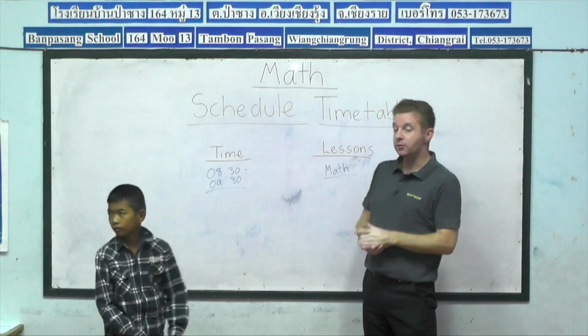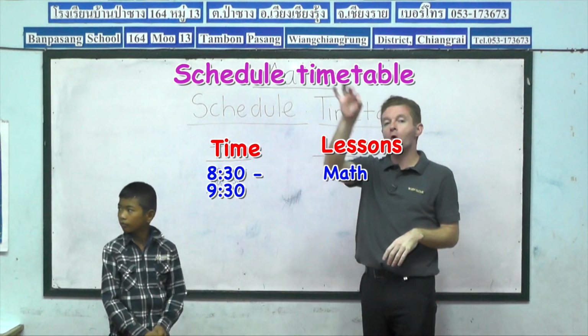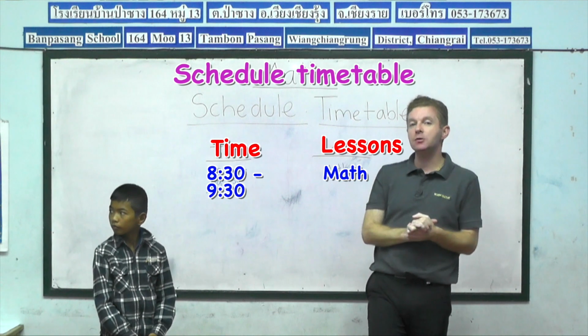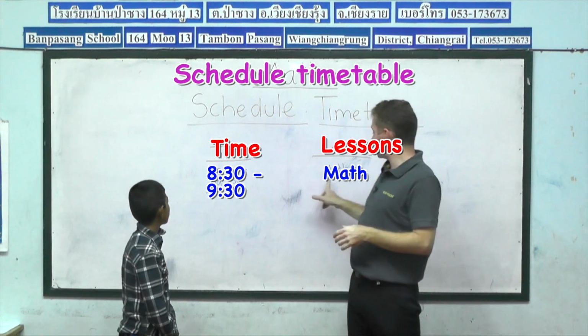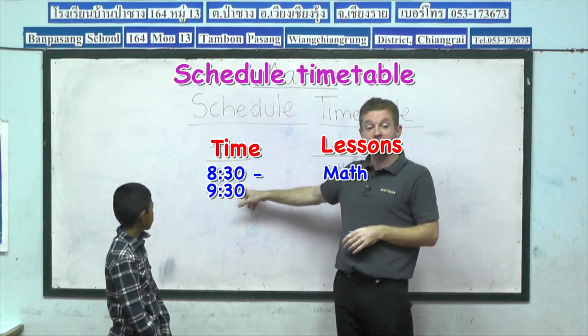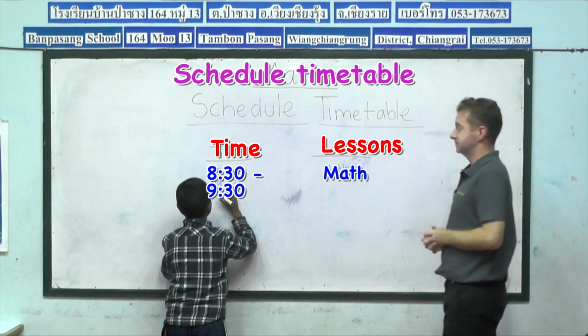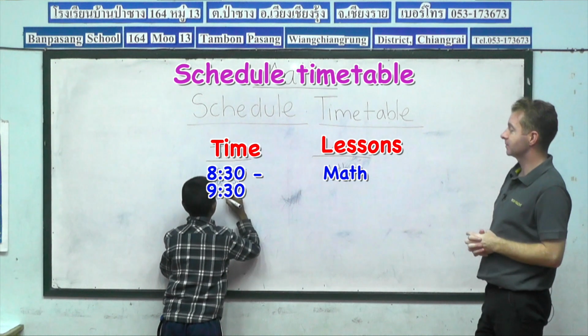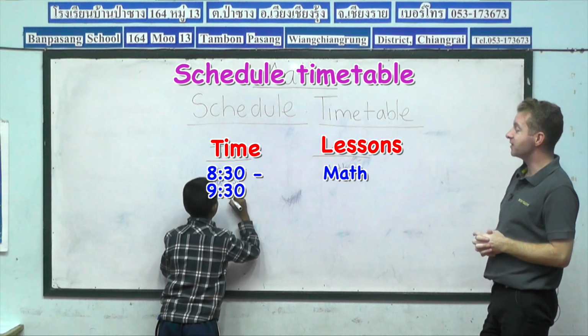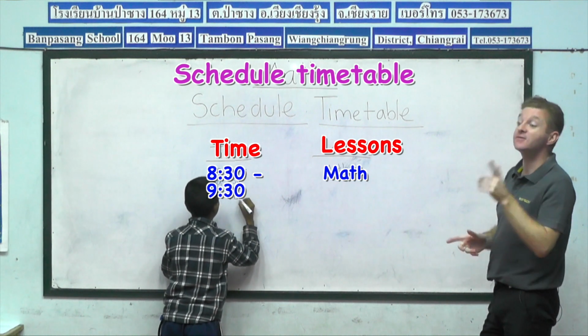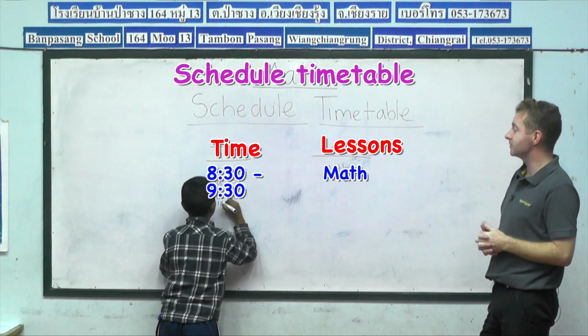Okay, so remember about the timetable where all the different times are in sequence of each other. So if math class finishes at 9:30, what time does the next class begin? 9:30. And then what time will that class end? 10:30. Excellent.